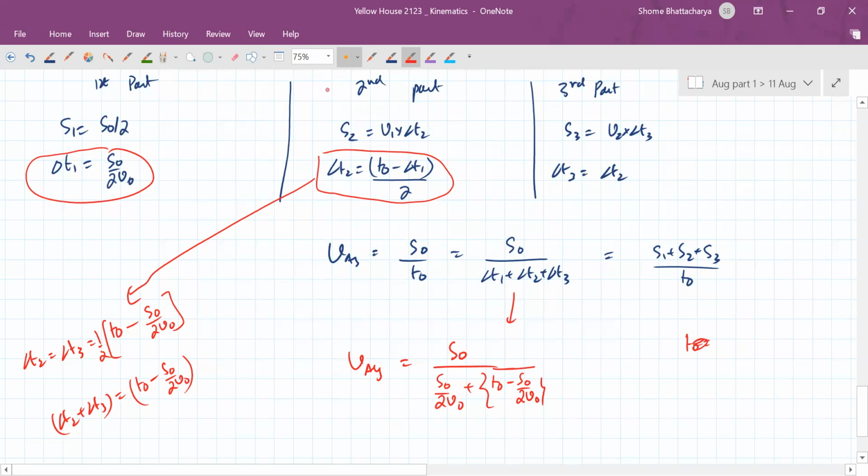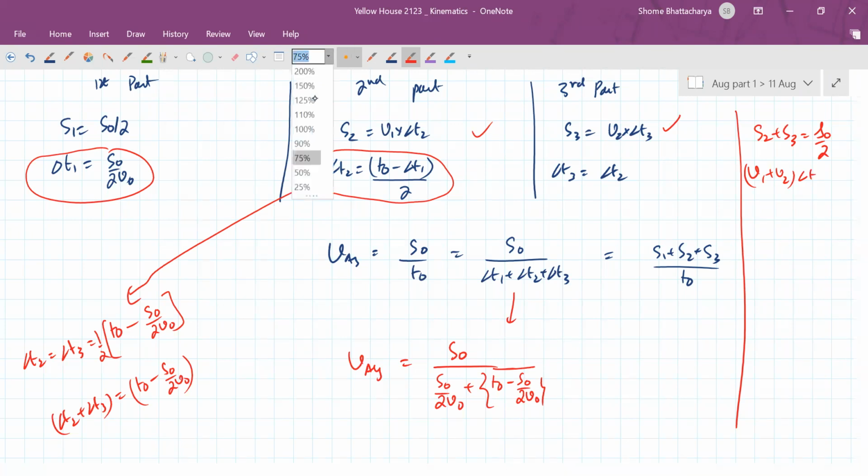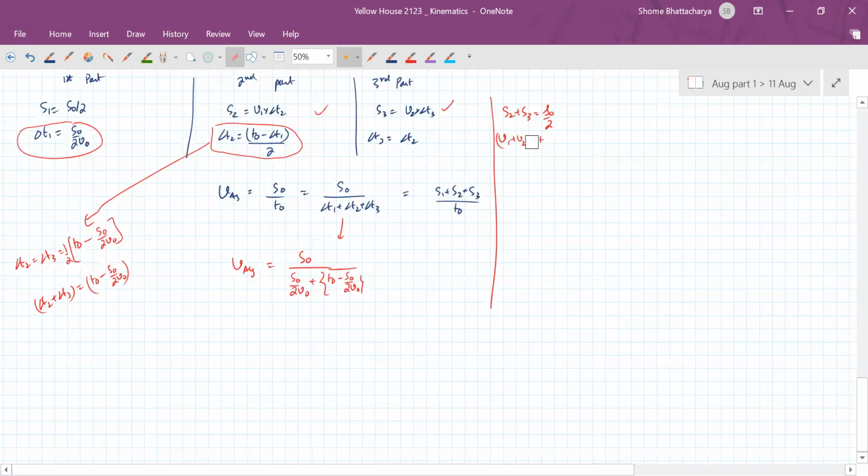Okay. Now we have to generate one more equation, and the other equation that we have to generate is that if you see the total of these two displacements, it should be S naught by 2. Yes. Okay, so there we are now. So this is going to be V1 plus V2 into this time. So then basically it is V1 into delta T2 plus V2 into delta T3.